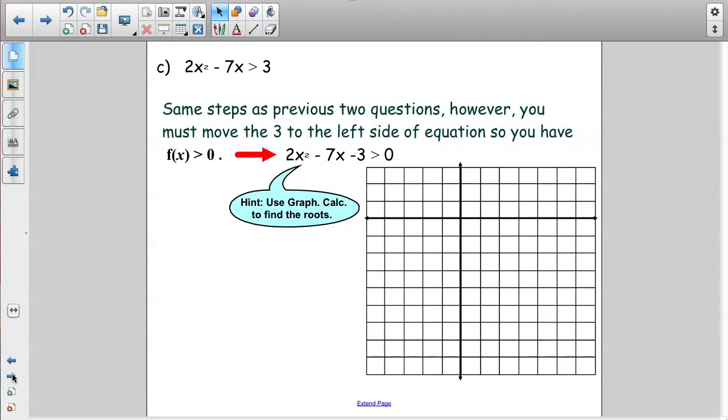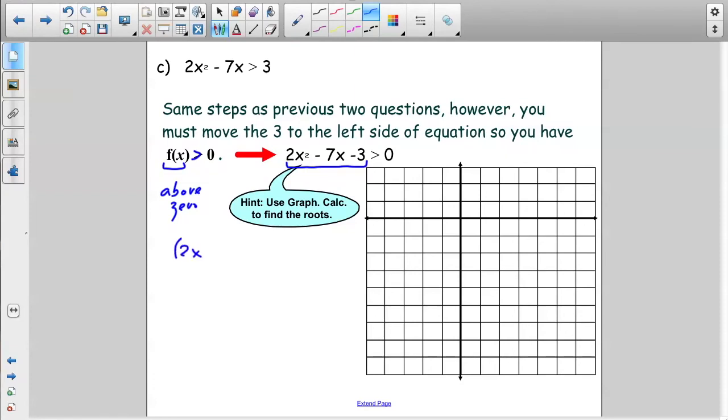Okay, so we have this function, all right? There's the f of x, and it's greater than 0, so I know I'm shading above 0. So let's keep that in mind, okay? Now we have to use our calculator probably to do this, or we can do triple play. So let's just do triple play, because we should be good at triple play.